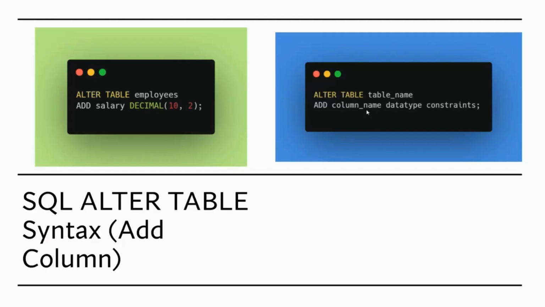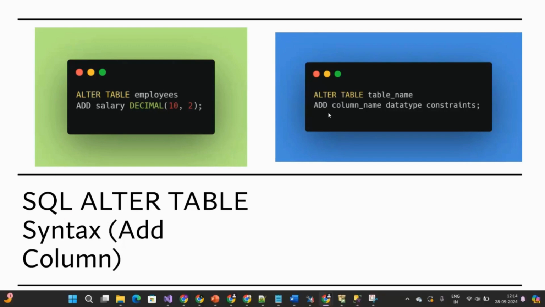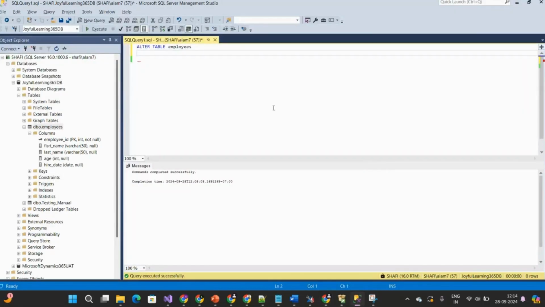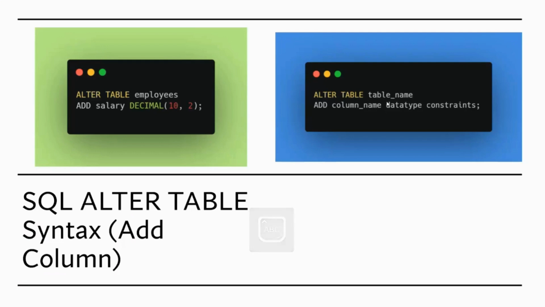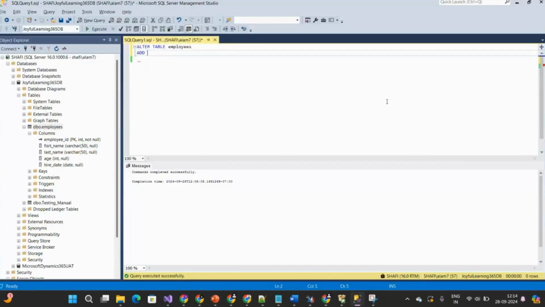After that, we write ADD, column name, data type, constraints. For example, I want to add one column, so first I need to use ADD. After that, what is the column name you want to include? In my scenario I need to include the salary column.